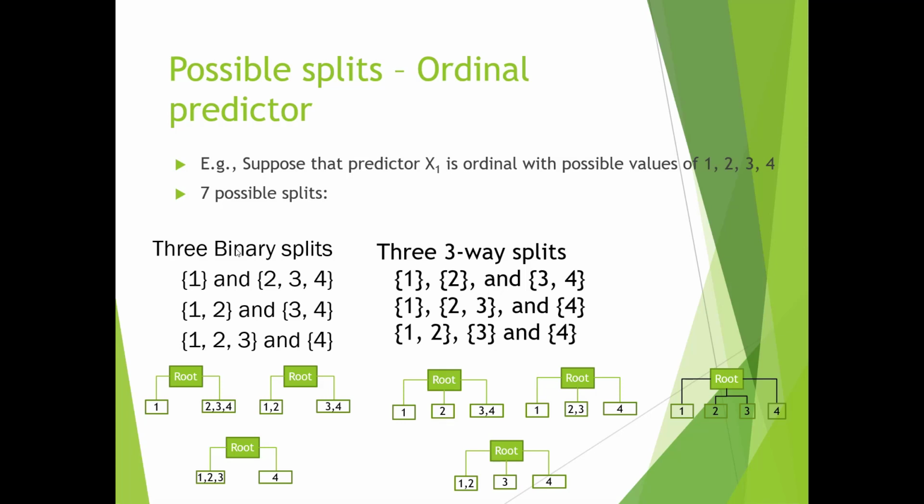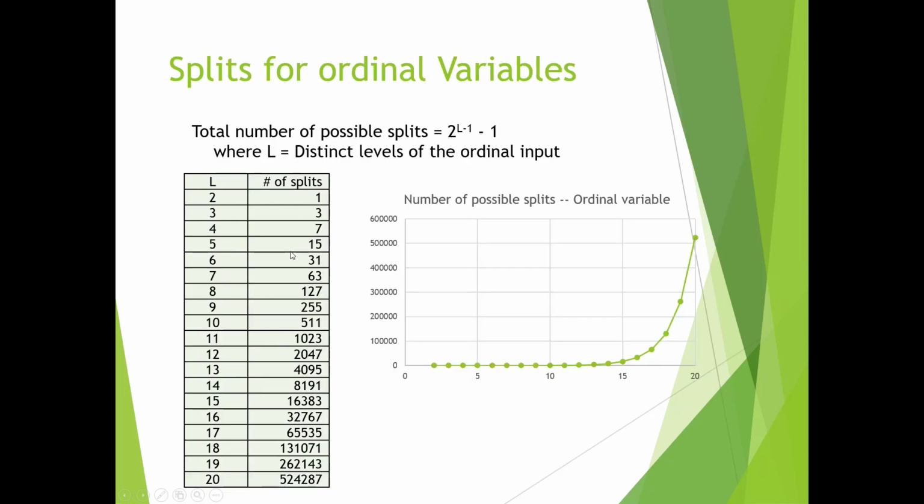And then, of course, you have a 4-way split, 4 branches, and there is only 1 way in which you can do that. So these are the 7 possible ways in which you can split an ordinal variable with only 4 possible values. So 4 possible values, 7 splits.